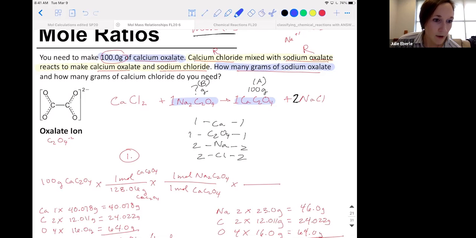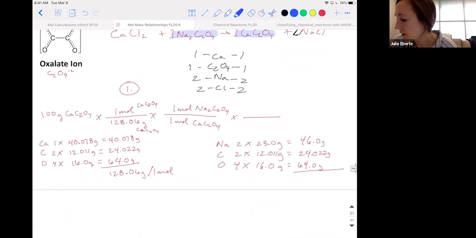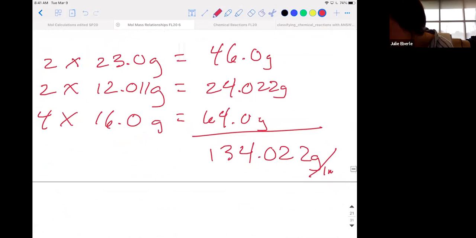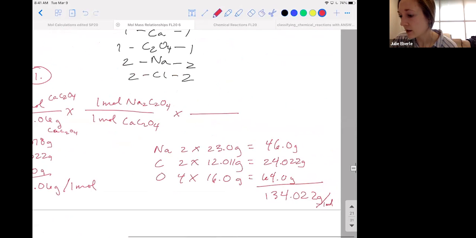Okay, so 134.022 looks right, and Bradley says that as well. So 134.022 grams of the sodium oxalate per 1 mole. This is our last step, step number 3 from that diagram.